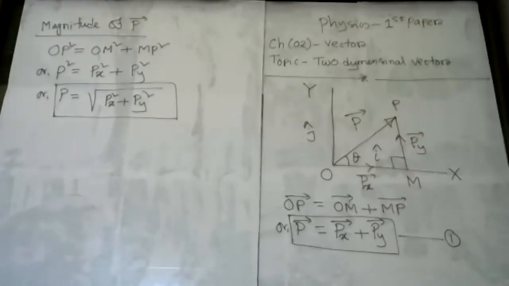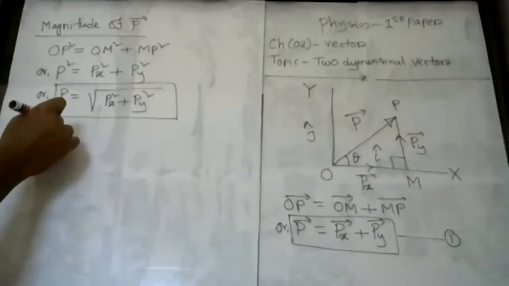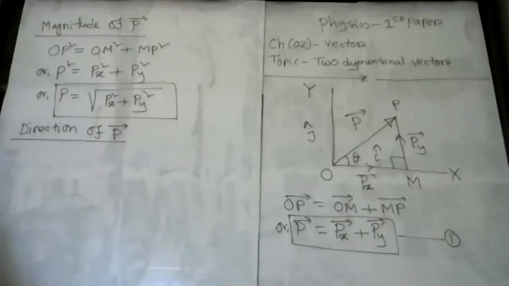So, direction of P. Just suppose the given information is Px and Py, and by using Px and Py you want to find out its direction theta.